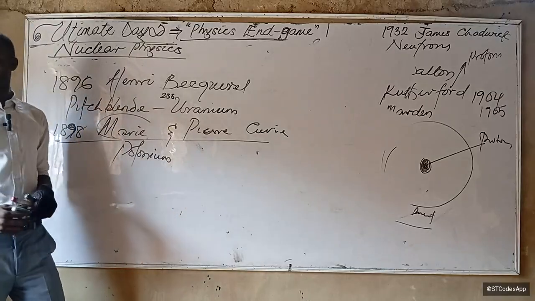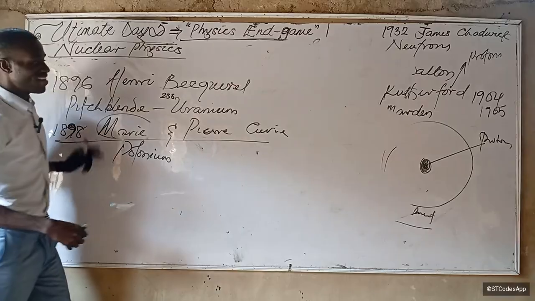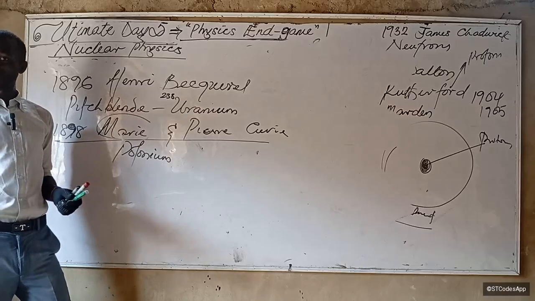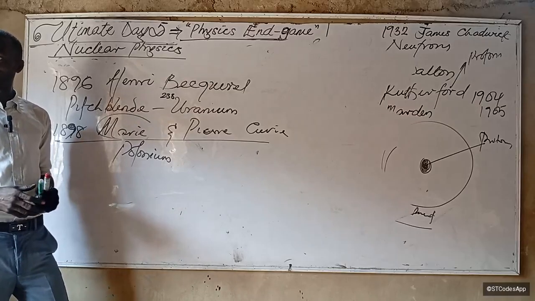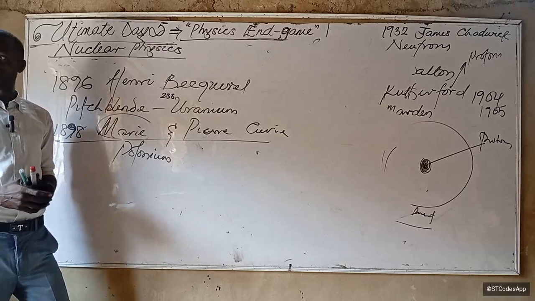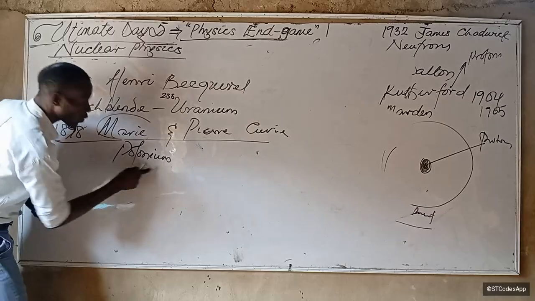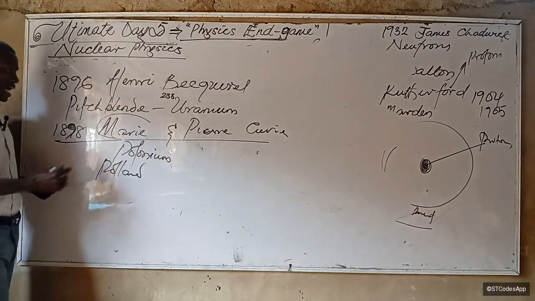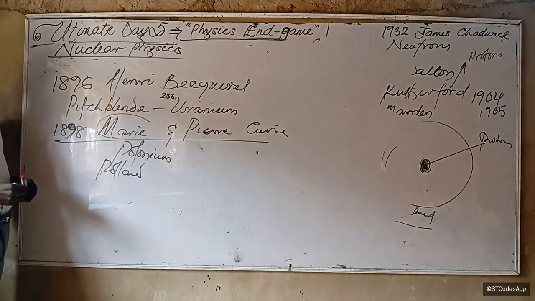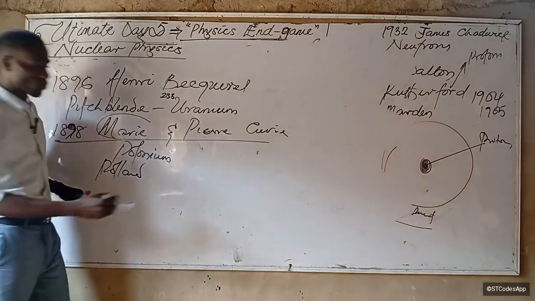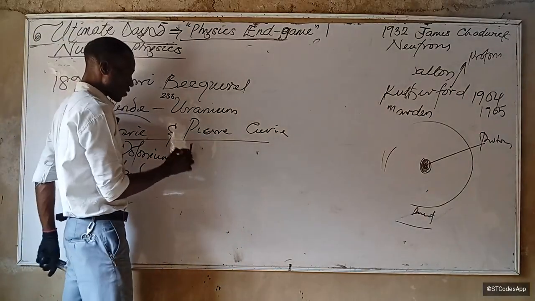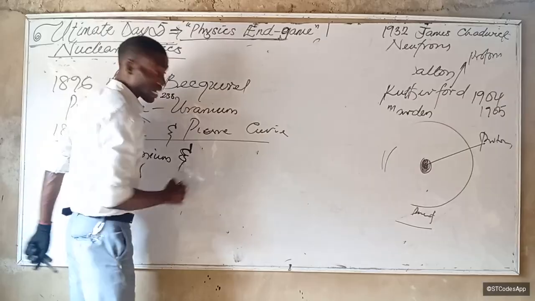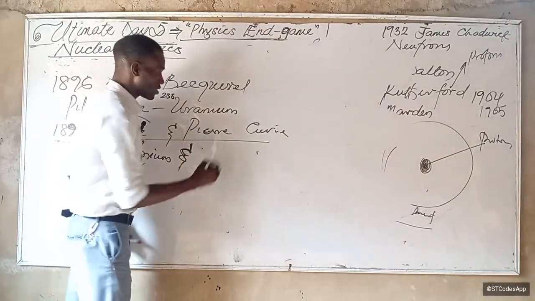Because she was from Poland, both of them were from Poland. I told them, okay, name it after your country. Is that okay? Yes, sir. So you named it polonium, and what is the second one? Polonium and what? Radium, right? Radium, thank you.